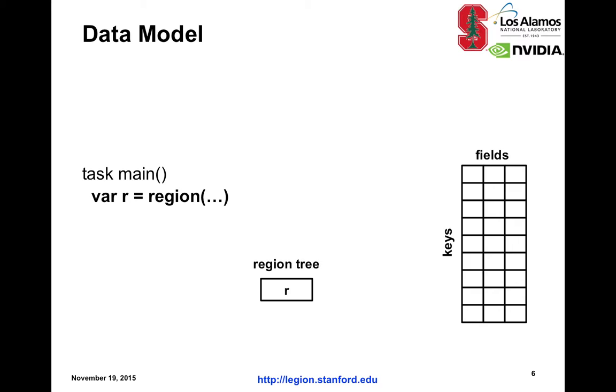And what we're going to do at the level of the system is we're going to have an abstract region tree which represents the relationships between the various regions in order to help with the dependence analysis that we're going to do on every task. In order to achieve data parallelism, we can partition regions into disjoint subregions.